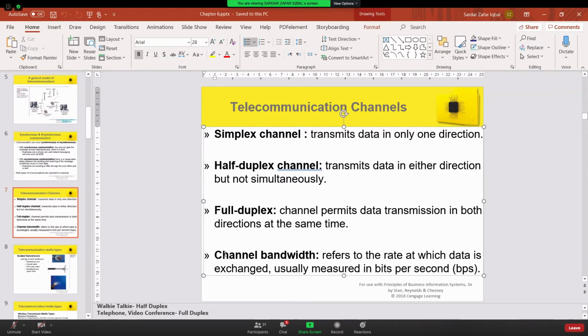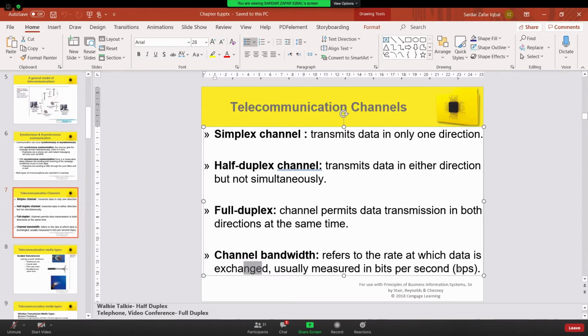There is another concept, channel bandwidth, that refers to the rate at which data is exchanged, usually measured in bits per second. It is a rate actually. We are saying that 5G is very fast. Why is it very fast? There will be a difference of bandwidth compared to 4G or 3G, because the rate of data exchange is very fast.